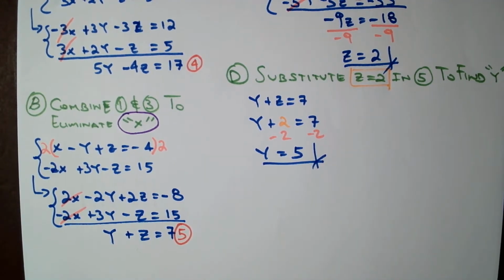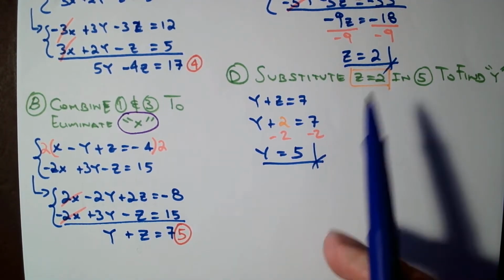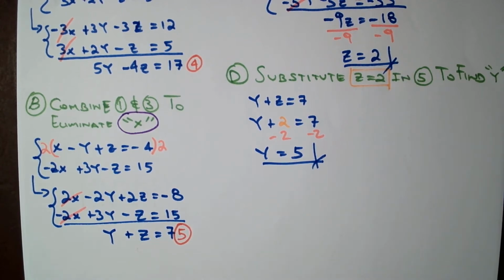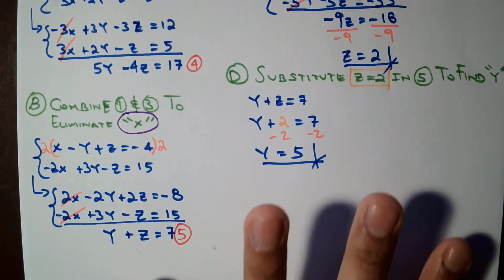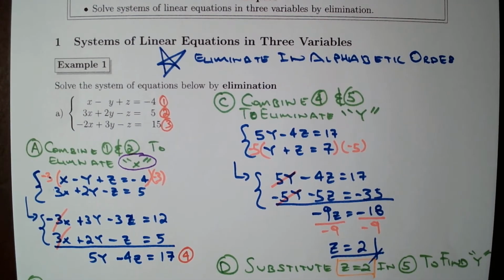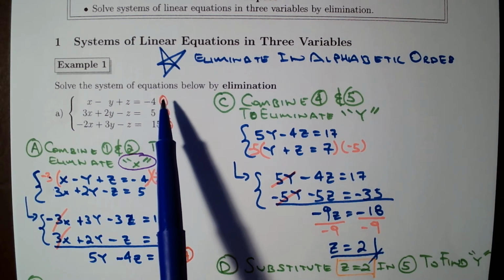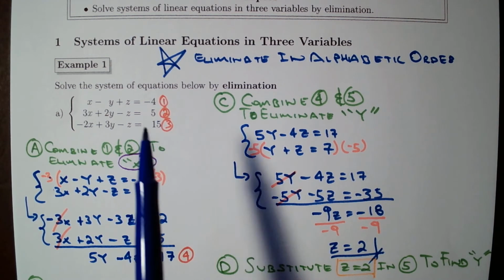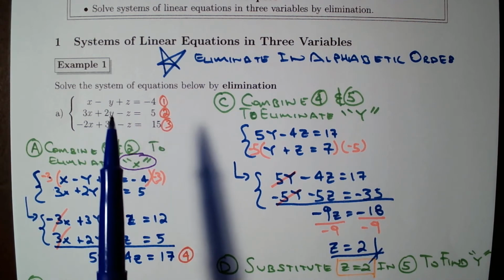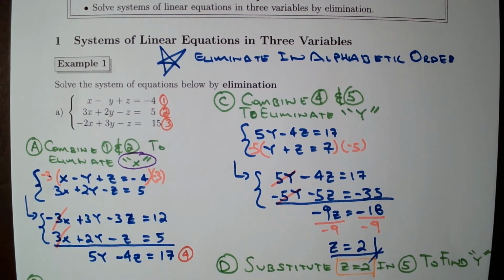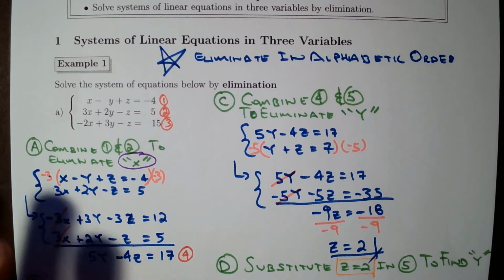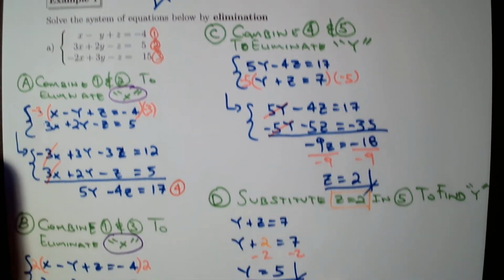All right, now that we have z and y, all we need now is to get our x. But in this case, we need to go way back to the very beginning, and you might want to choose between equations 1, 2, and 3, in which you will plug in a value for y and a value for z to get that of x. And again, you might want to choose the easiest equation to work with, in this case 1.